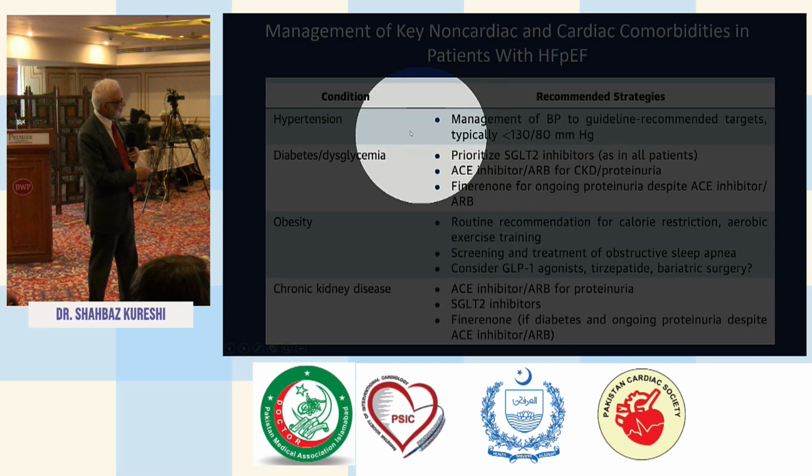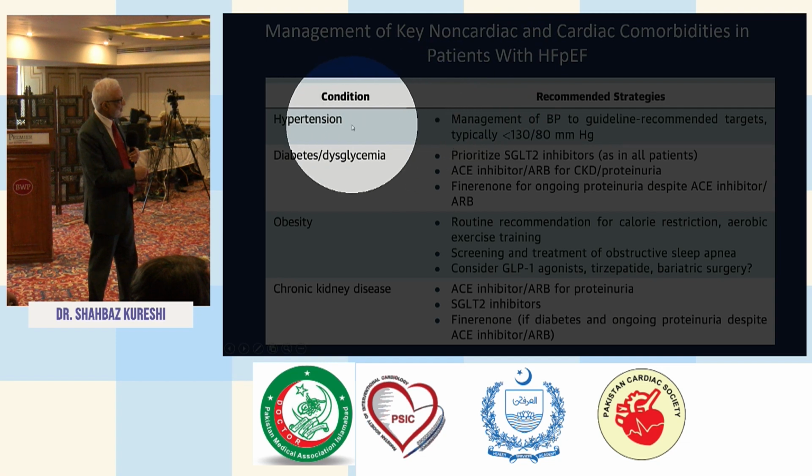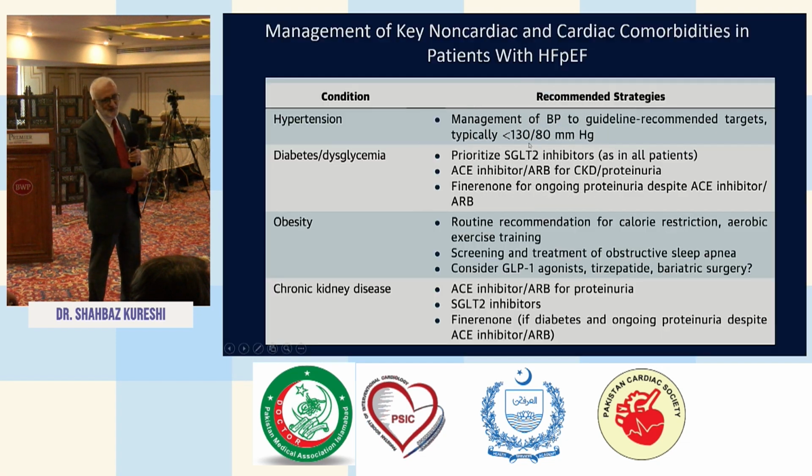So how are we going to manage our patients? We need to control hypertension. It should not be suboptimally controlled. We should control it at the level of blood pressure where there is no progression to left ventricular hypertrophy or fibrosis.